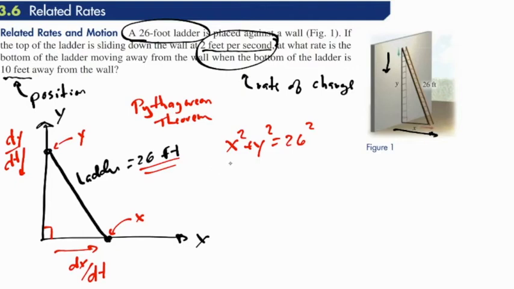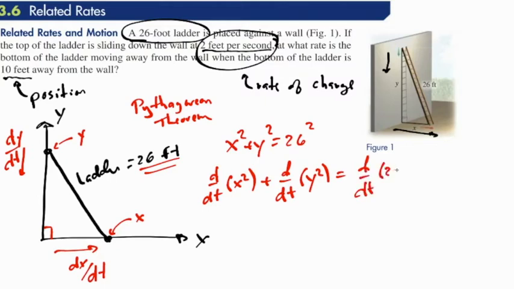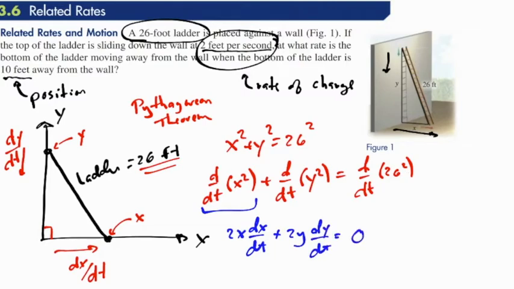If we take the derivative of everything with respect to d dt, now we see our implicit derivatives popping into our related rates problems. The derivative of x squared becomes 2x dx dt. The derivative of y squared is 2y dy dt. And the derivative of a constant is 0.